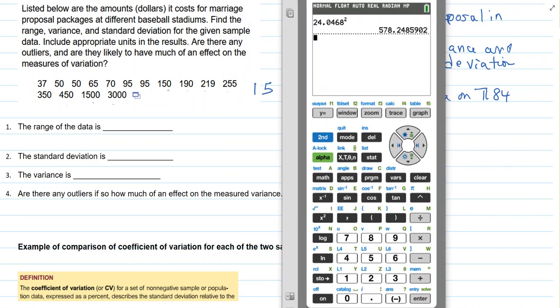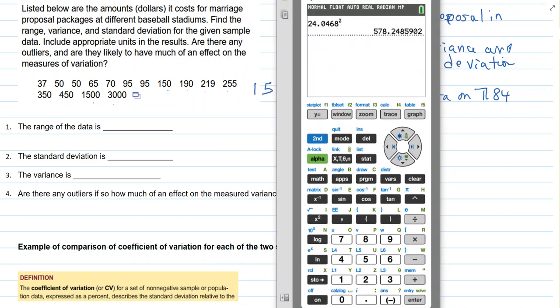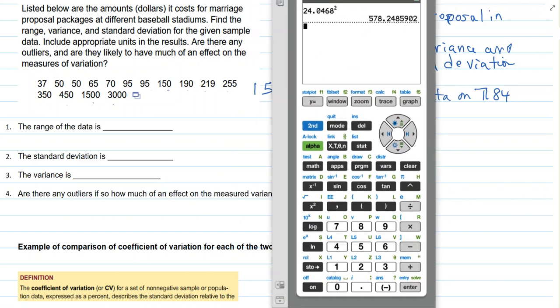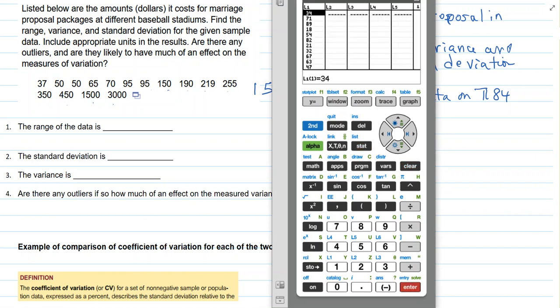Here we go. I'm going to clear my screen. I'm going to go to Stats, Edit. I have data, so up arrow, clear, enter. And I'm going to enter the data carefully. So here we go.